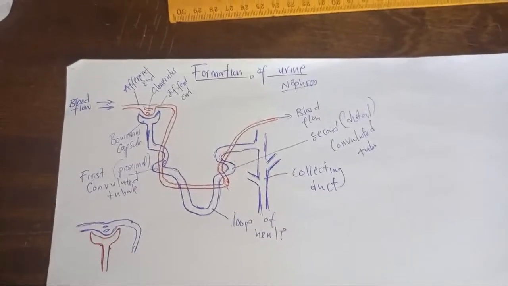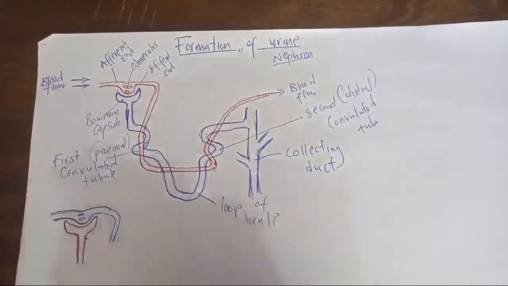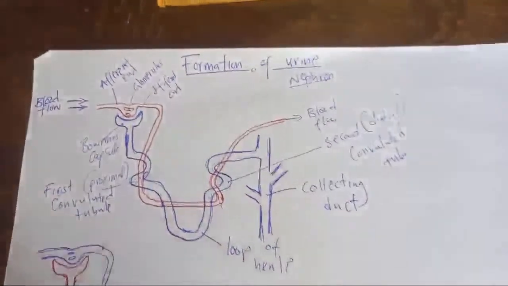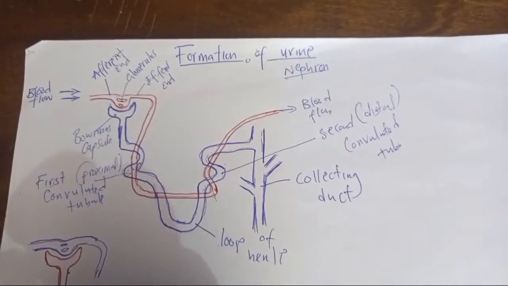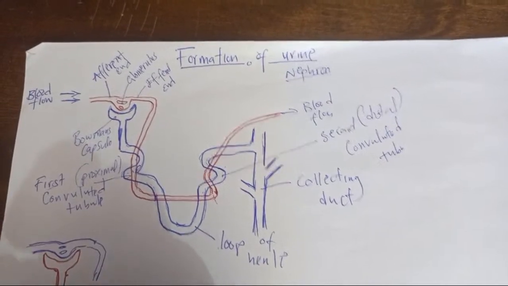All right, so let's check now. How is urine going to be formed? For urine to be formed, it will involve 4 processes.